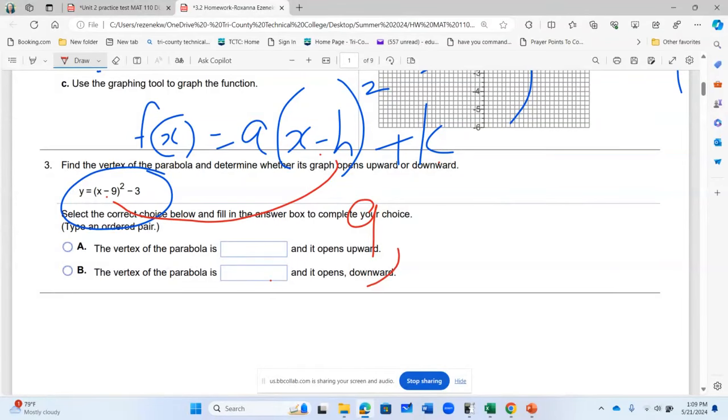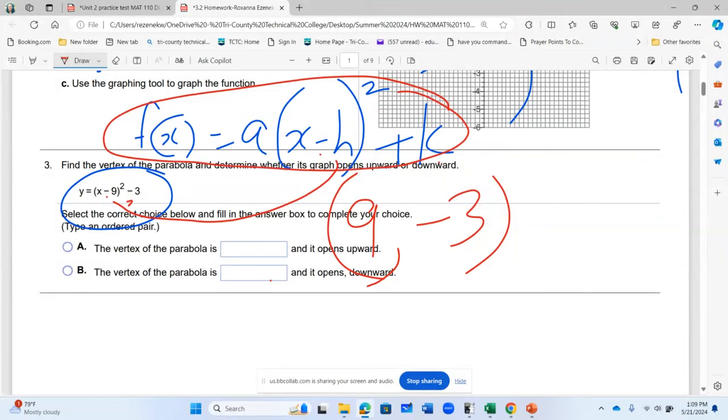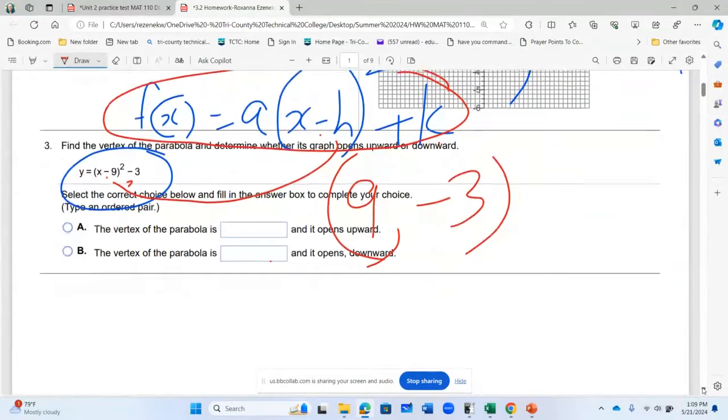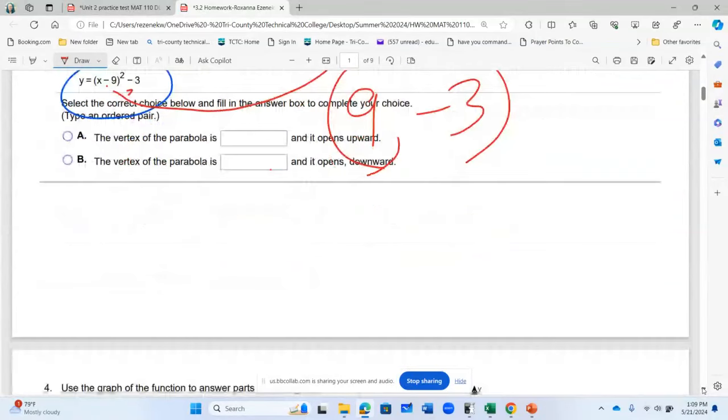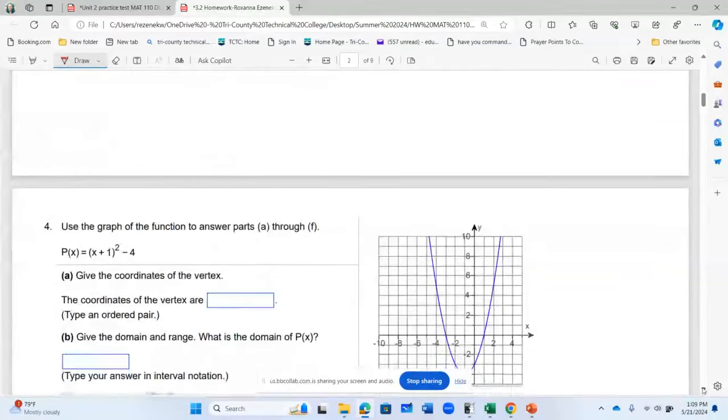K is, this sign here is supposed to be plus, but it's changed to negative. Therefore, K is negative 3. So the vertex is 9, negative 3. It's very easy. So make sure you write the original vertex form and compare it with the equation you have. That way you don't make a mistake. This is an easy question, and you don't want to fail an easy question.